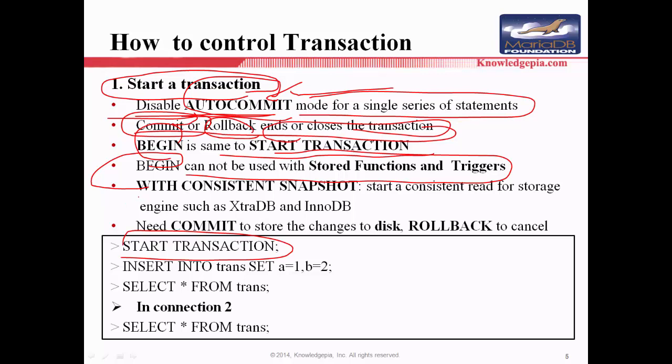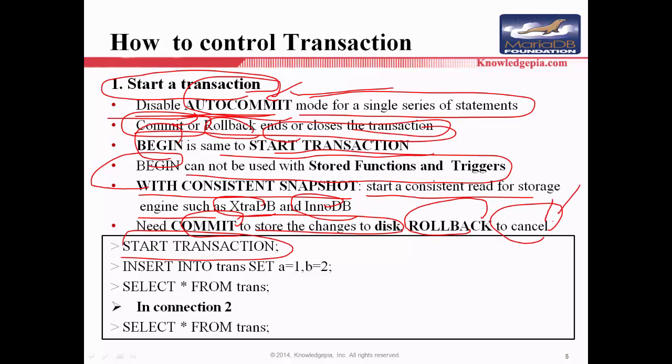Start transaction can be used with the option consistent snapshot, which starts a consistent read for storage engines, especially InnoDB. We need commit to store the changes to disk after starting the transaction, and rollback to cancel the process.